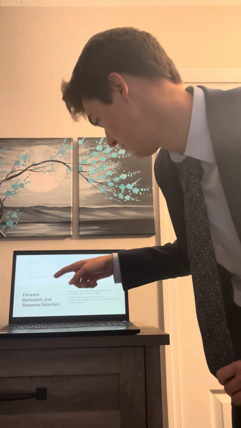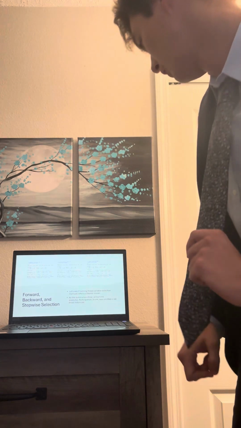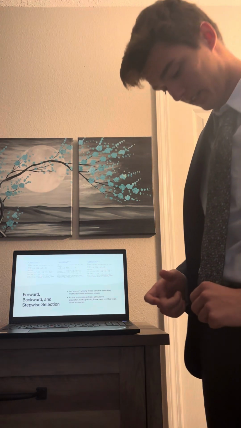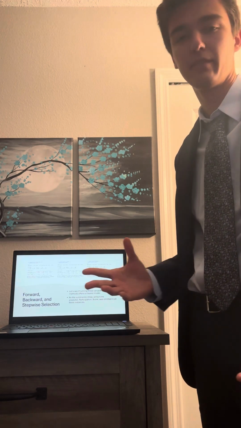And that variable itself was not even statistically significant. So it's nice that all three of the selection methods only use participation score, but again, not very helpful for us.